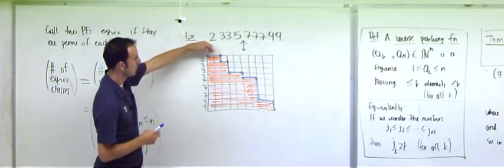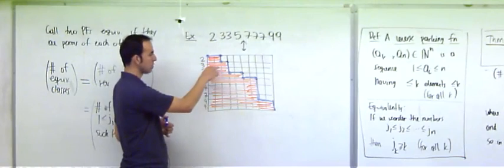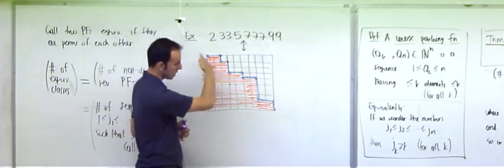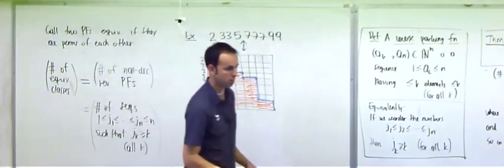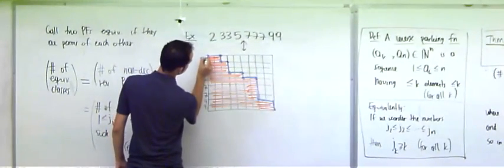The point is that you need to have colored at least 1 cell here, at least 2 cells here, at least 3 cells here, at least 4 cells here. So that has the property that you cannot go below this diagonal. Here's the diagonal of the board.